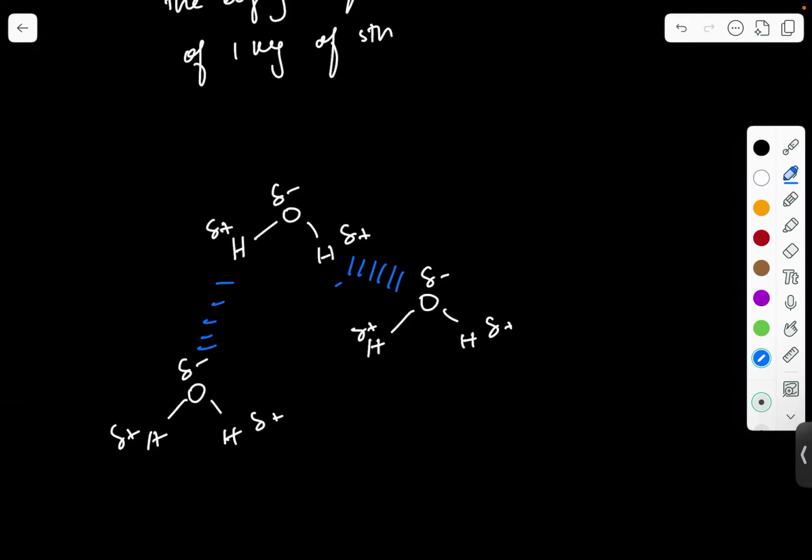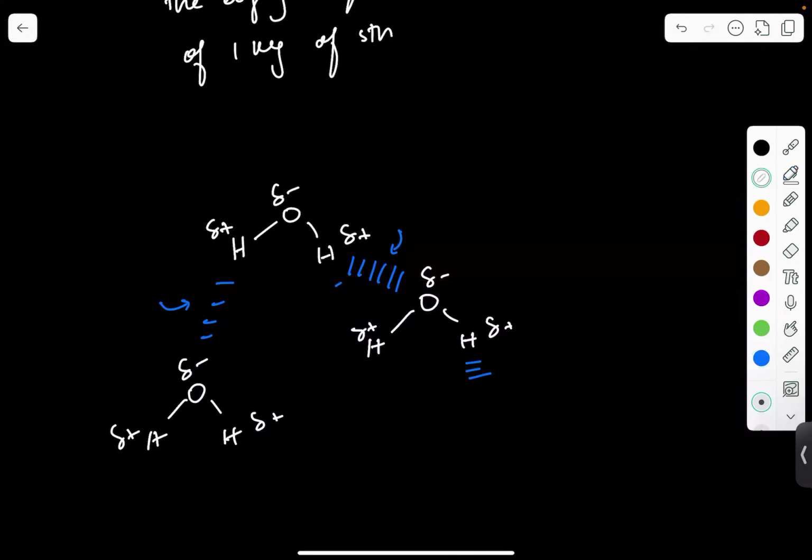Let's just draw it like that. If I'm going to increase the temperature of water by 1 degree, I need to provide energy to all these bonds. And there's millions of them.